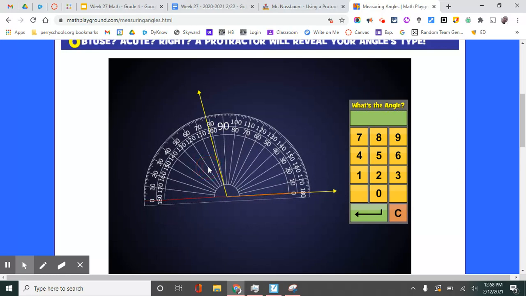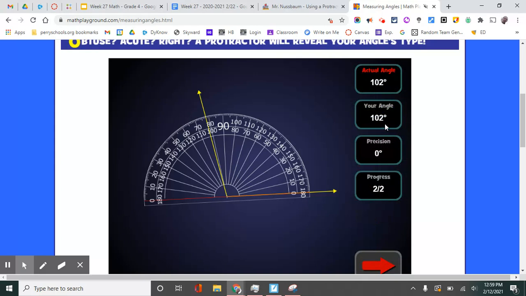Aha, see, now it's pointed at 0. So I'm going to go up this direction. Well, let's see, that's an obtuse, so I'm not going to say 80. 100 is better. 100, 101, 102. That's my guess. Let's see if I'm right. 102 degrees. Hey, I got it right on.